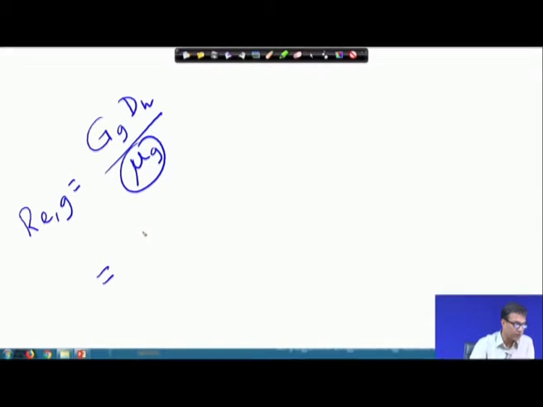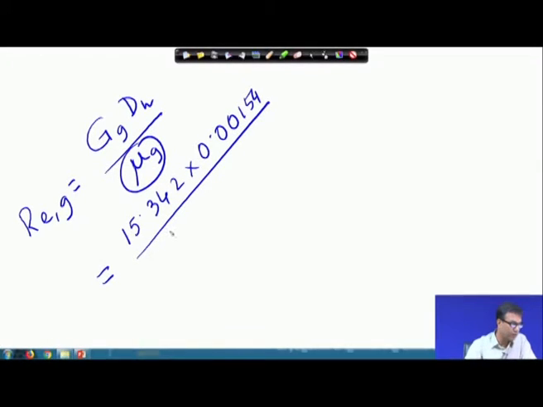Putting in all these parameters, it is 15.342 multiplied by 0.00154 divided by mu of the gas, taken as 40.1 into 10 to the power minus 6. This will come out to be 589.